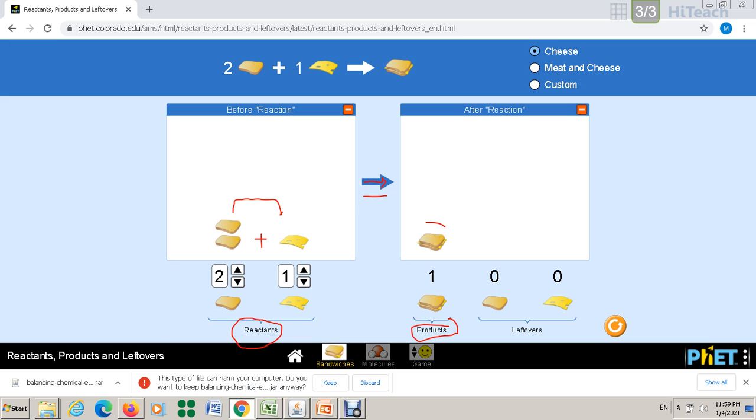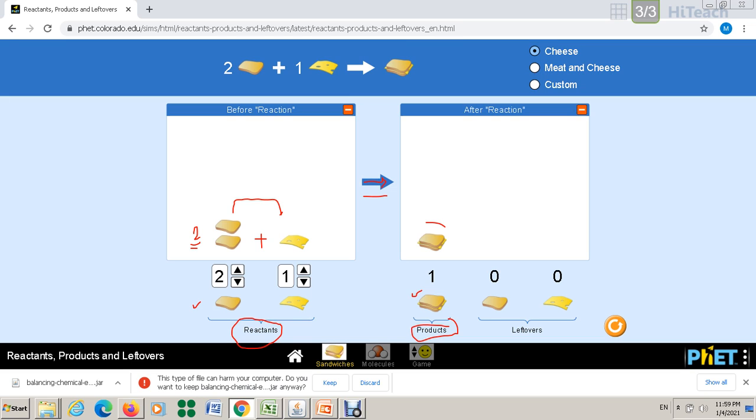So let's continue now. You have to keep in mind, when I'm doing a chemical reaction, what you use in the reactant is the same as what you get in the product. I used 2 toasts, and I found in the product also 2 toasts, right?